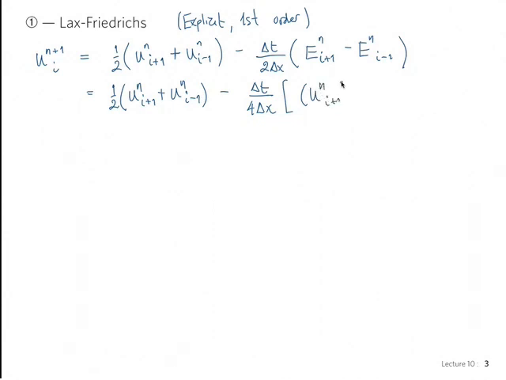U^n_(i+1) squared minus U^n_(i-1) squared. So you can see there that we can already write this in code form. It doesn't have much tricks.